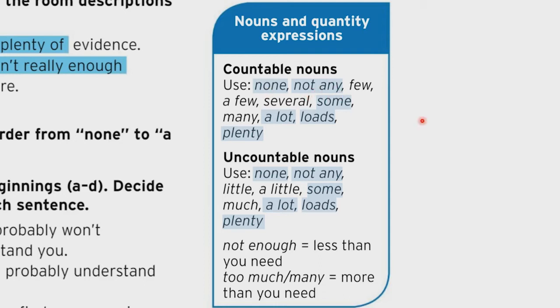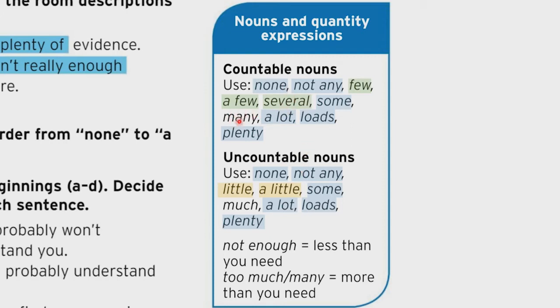But there are some that we can only use with countable nouns. For example, few and a few. We cannot say few or a few with uncountable nouns. In that case, we say little or a little. Then, with countable nouns, we can also say several. But there's not a word similar to that for uncountable nouns. When you say several, it's only for countable nouns.